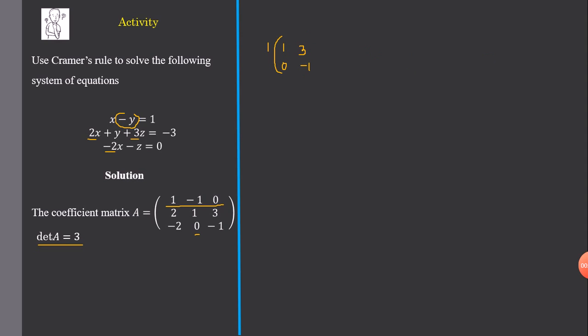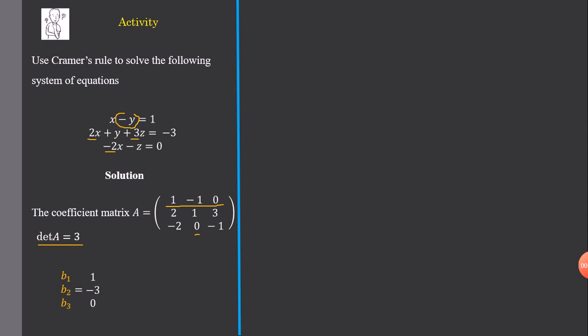The next step would be to find the adjoint of that matrix, but there is no need of finding the adjoint. We shall just proceed to replacing.